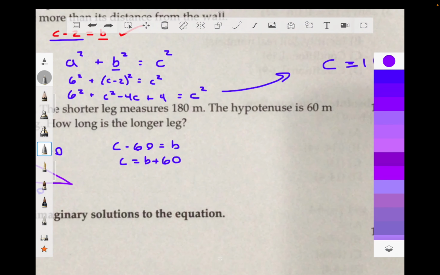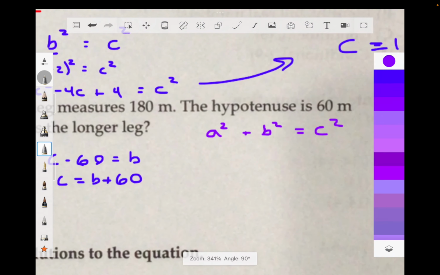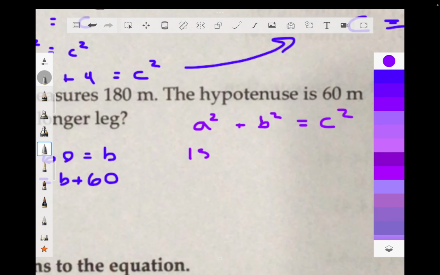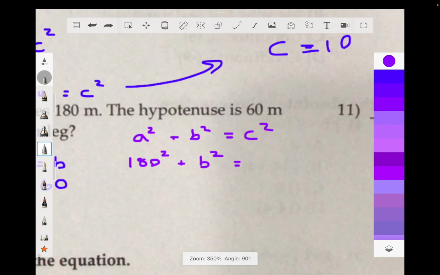Okay, back with this one. A squared plus B squared equals C squared. We know A is 180. We know we want to find B. We don't know C, but we do know this, so we can plug that in for C: B plus 60.